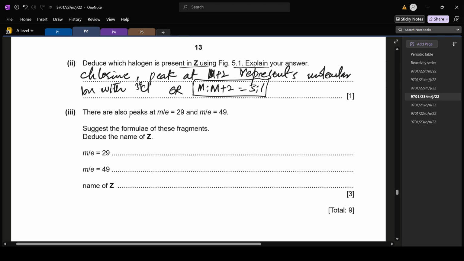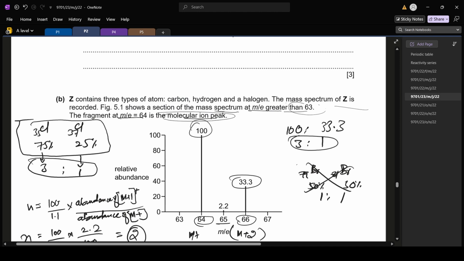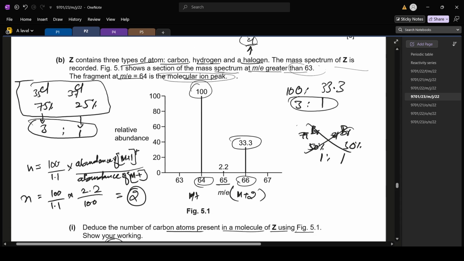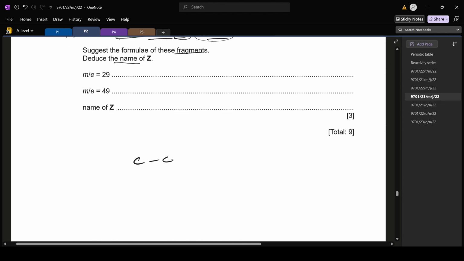Moving towards the next part. There are also peaks at 29 and 49. Suggest the formula of these fragments and deduce the name of Z. Now you know that Z contains only three types of atoms: carbon, hydrogen and halogen. The halogen is chlorine, and it contains 2 carbon atoms.